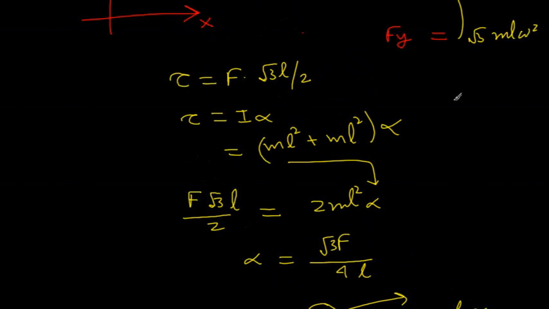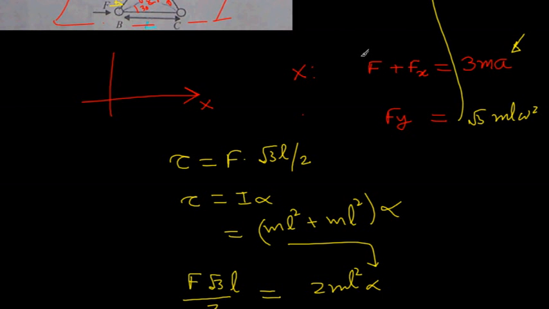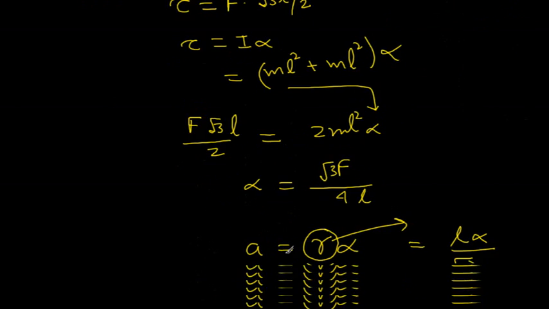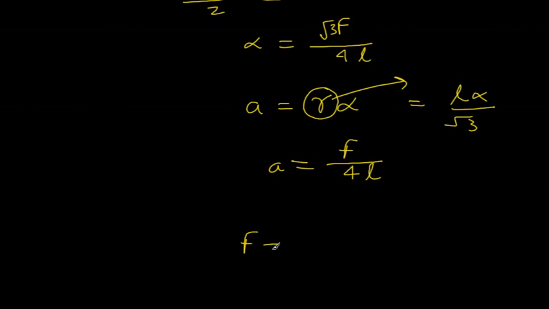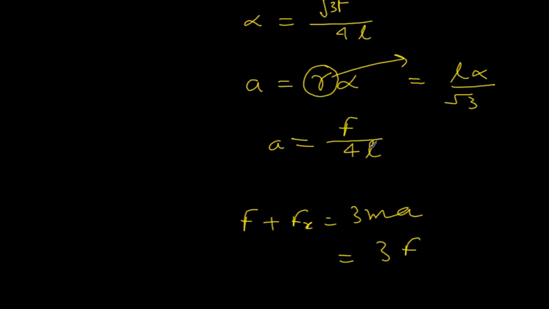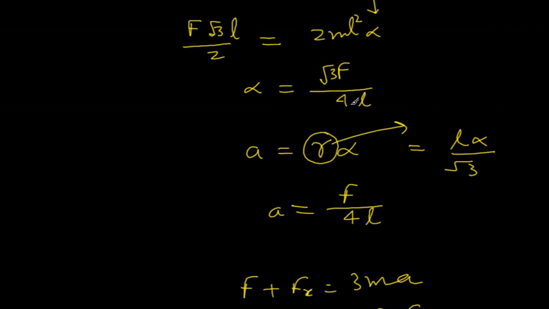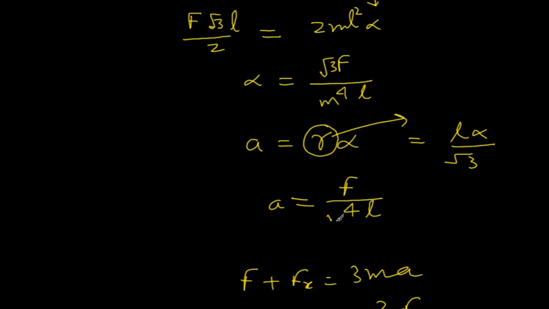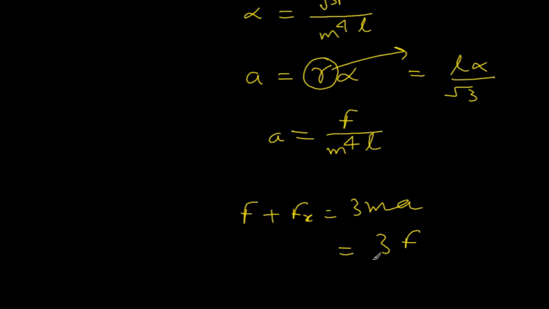Now you substitute this value: F plus Fx is equal to 3ma, where a is F by 4m. Here m will get cancelled, and 3F by 4 remains.